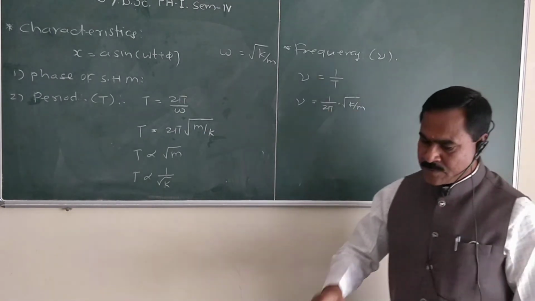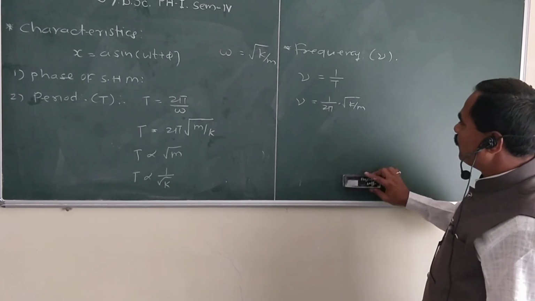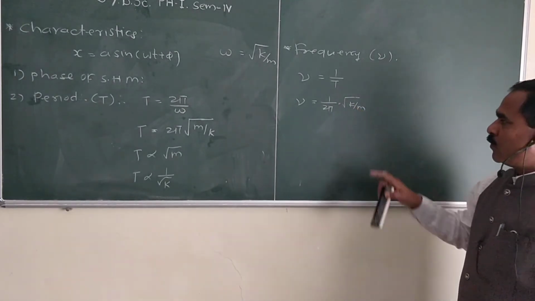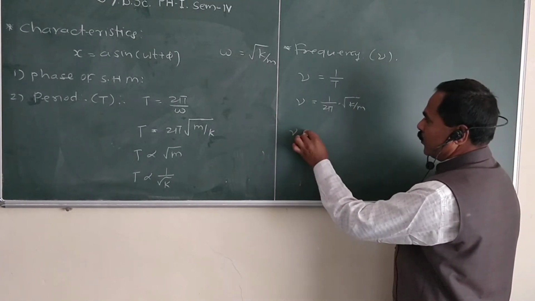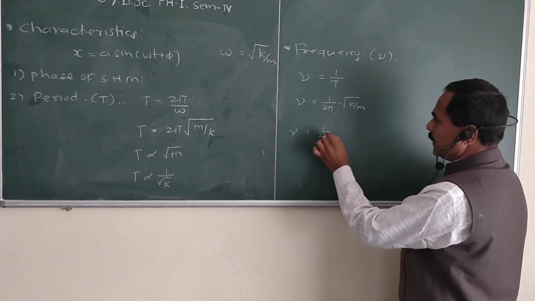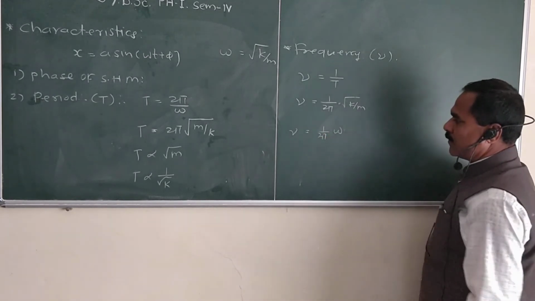Okay, so this is the frequency. When you substitute the value of root k upon m, that is equal to omega, then we write nu equal to 1 upon 2 pi into omega.